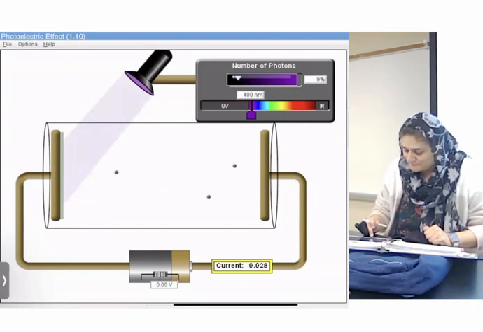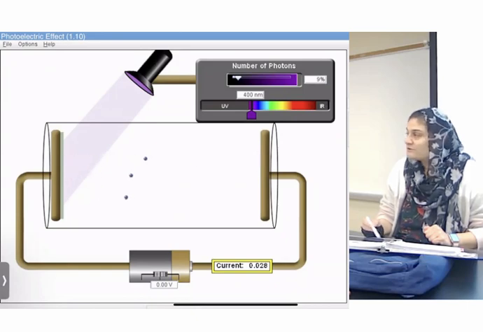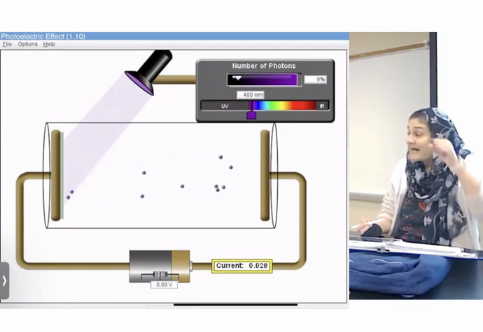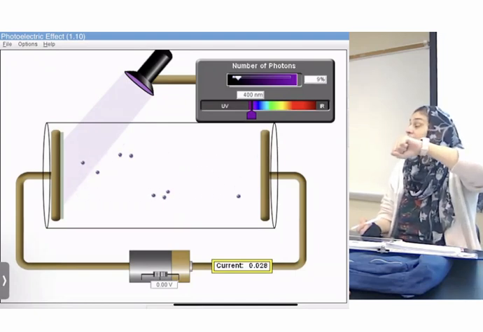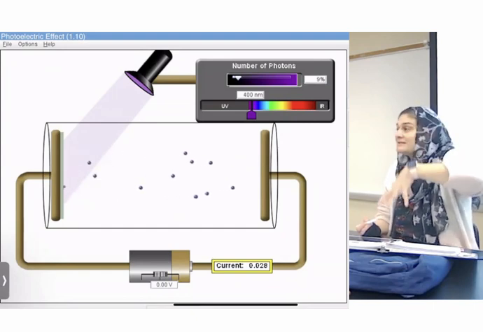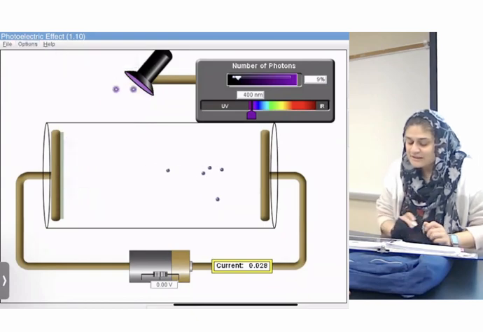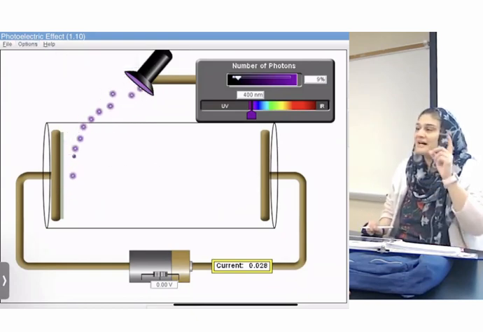Do you notice when I don't ask for the number of photons, it's just light going in. It's actually physically light going in. And so that's what they were doing. They were throwing light at the metal and seeing what was happening. Just the fact that this was there was Einstein's genius.